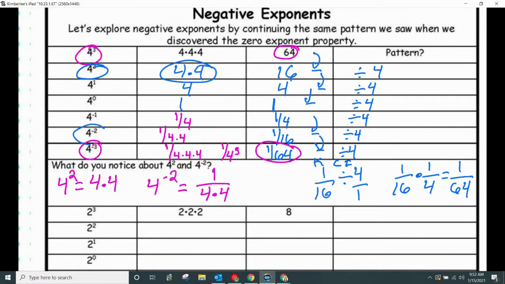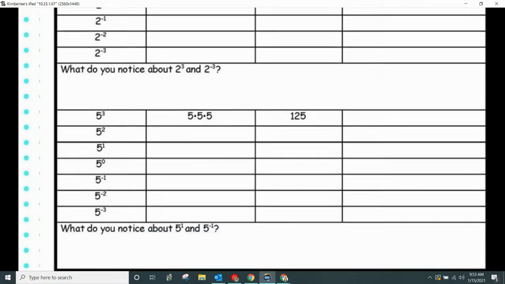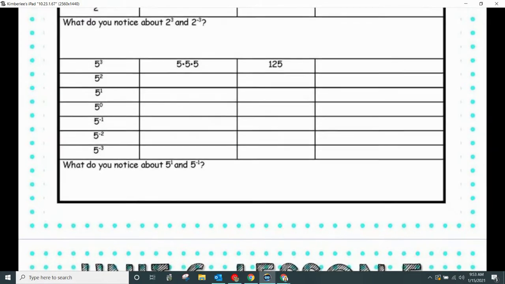And 4 to the negative 2 was 1 over 4 times 4, which was 1/16. Remember how we call this the reciprocal, when you take a fraction and flip it upside down? It looks like that's what's happening. So I want you to continue this table with the 2's and the 5's and summarize. Pause the video now and finish those, and then come back.